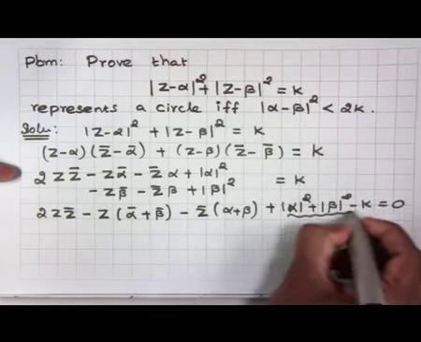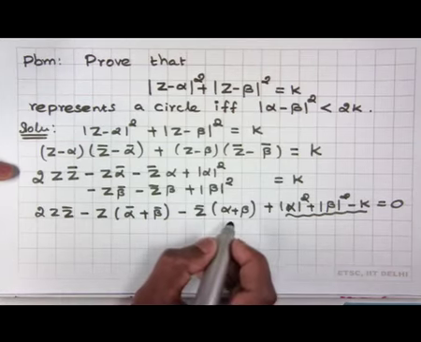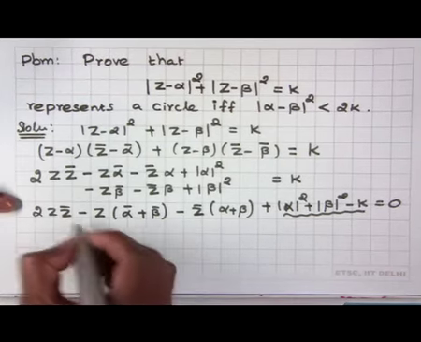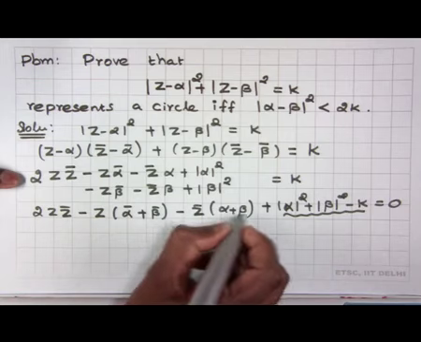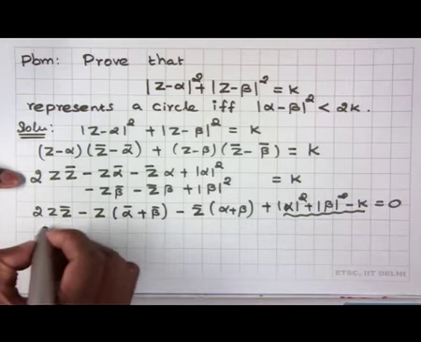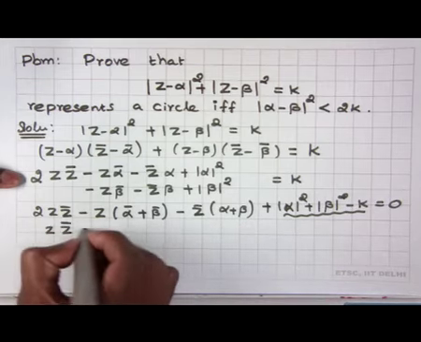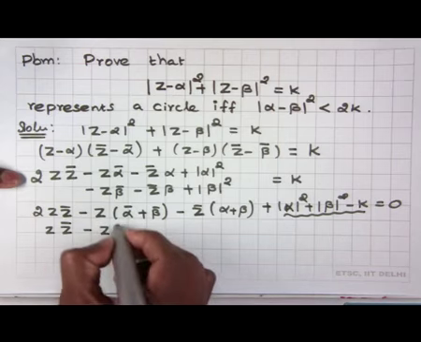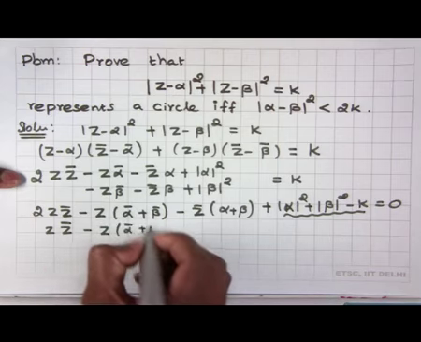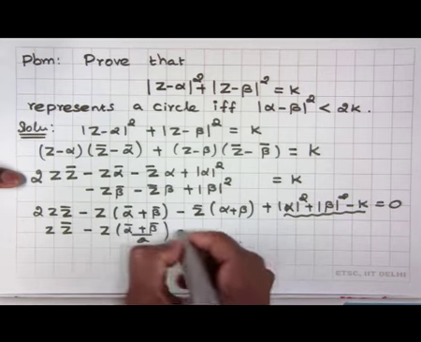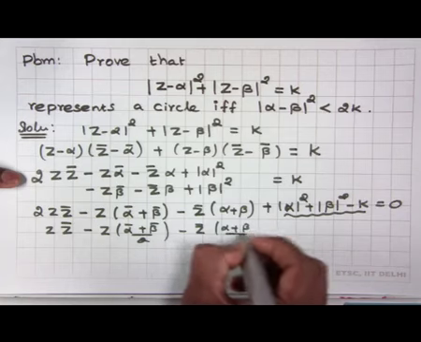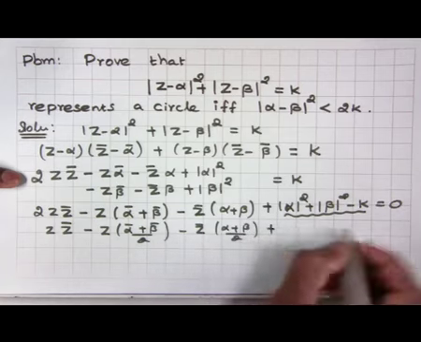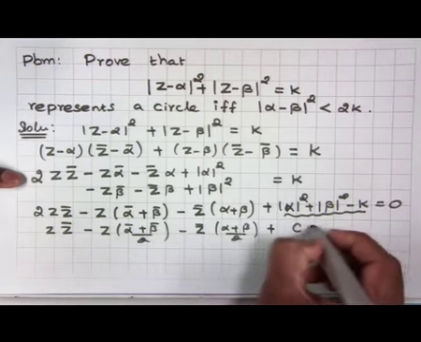This is our constant c, which appeared in the previous one. Now, the center point is nothing but (α + β)/2. So we see z z̄ minus z (ᾱ + β̄)/2 minus z̄ (α + β)/2, and let us call the constant c.